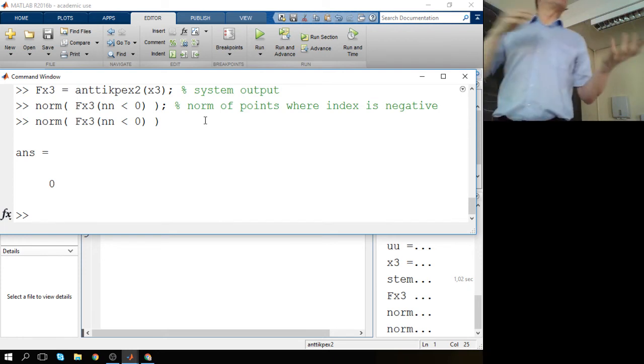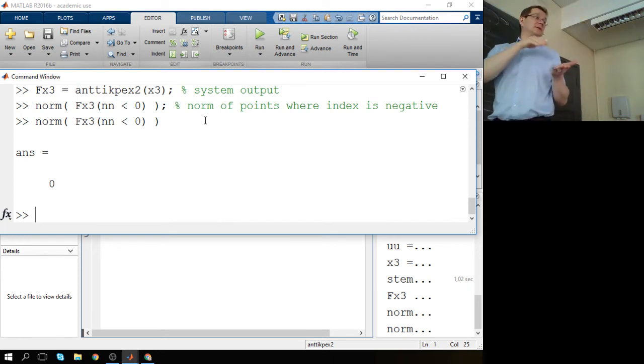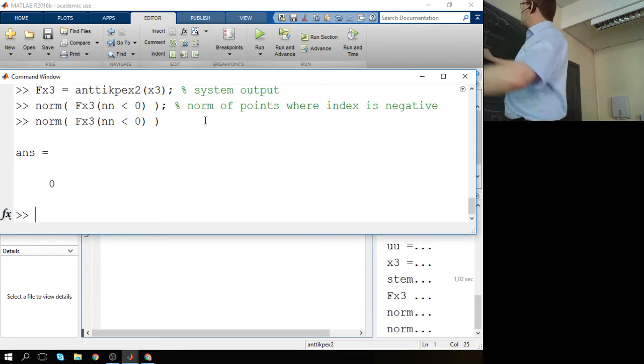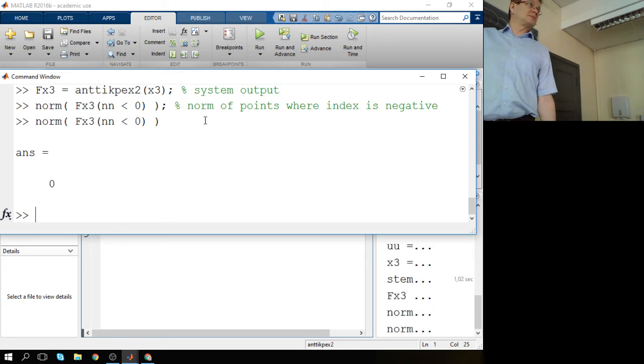Meaning that if we are time shifting to test whether the system is time shift invariant, the test, generally speaking, fails. But we just need to take that into account. So we just ignore the last points and also the first points of that vector. Then it should work. Should.